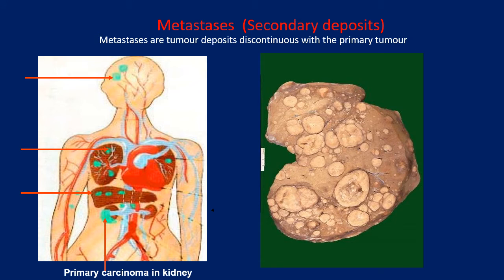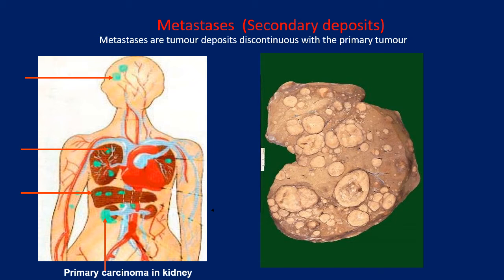So what's the meaning of metastasis? These are secondary deposits. These are tumors discontinuous with the primary tumor. They are tumoral proliferations that are discontinuous with the primary tumor.